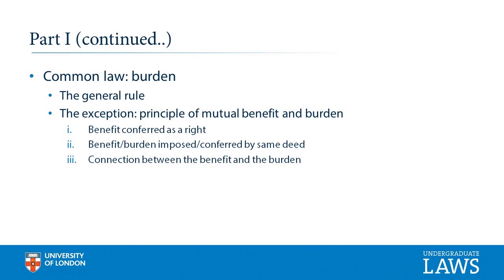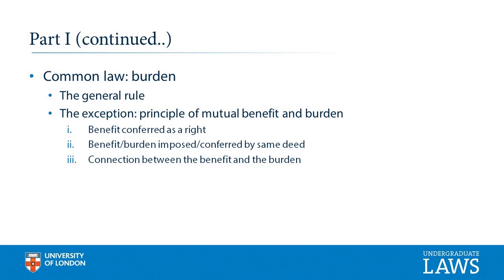But the principle does not apply if, for example, a person who is granted a right-of-way covenants to keep in repair the roof of the grantor's barn, because there is no connection between the use of the right-of-way and the roof's state of repair. They are completely disparate items.